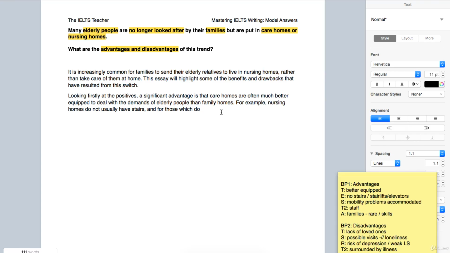So for those which do, comma, and then we have this part of the plan here, stair lifts or elevators, sometimes both, but we'll go with it, stair lifts or elevators need to be, by law, installed. That would be a nice verb to use there. So, for example, nursing homes do not usually have stairs, and for those which do, stair lifts or elevators need to be installed.